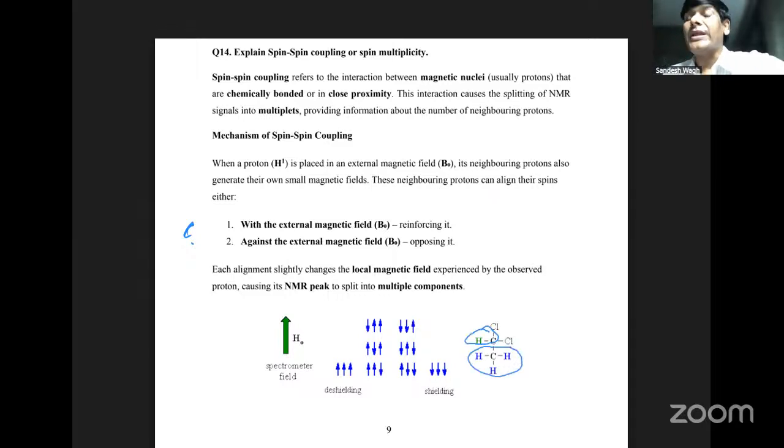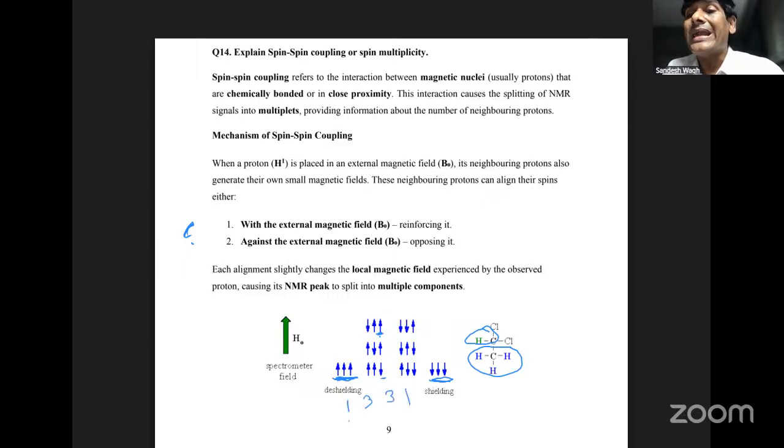There are 3 nuclei, so 3 nuclei will have combinations of 3 spins: all 3 in a clockwise direction, or all 3 in anti-clockwise. In between combinations are these: one anti-clockwise and two clockwise, and vice versa. So this way, the possibility is 1, 3, 3, 1.